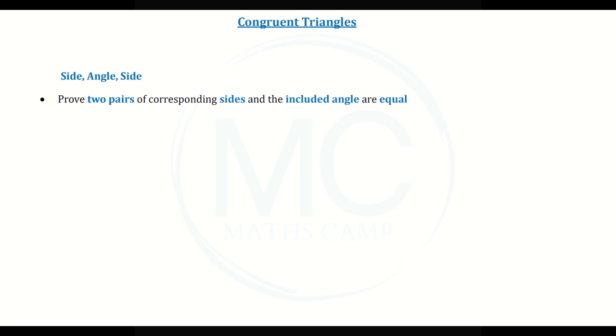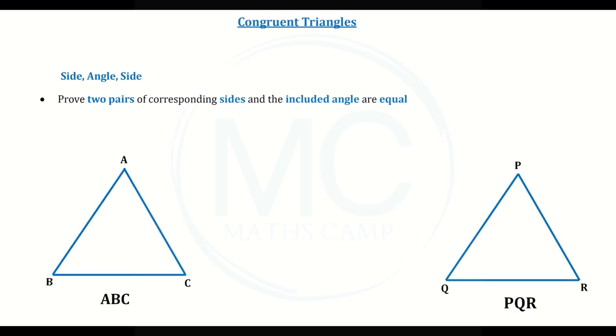Next, I would like to look at 2 sides and an angle, which we refer to as side, angle, side. To use this method, we need to prove that 2 pairs of corresponding sides and the included angle are equal. Let's draw in triangle ABC and triangle PQR.